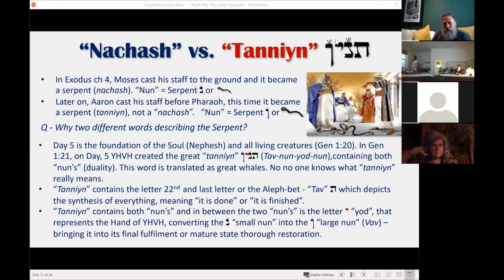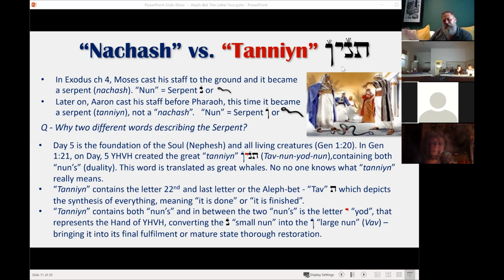So we see that the life force is working in between the two nuns, transferring or translating the small one into the larger one, or the immature one into a mature one, which is the symbol of the Vav, which represents man. So it leads to maturity.